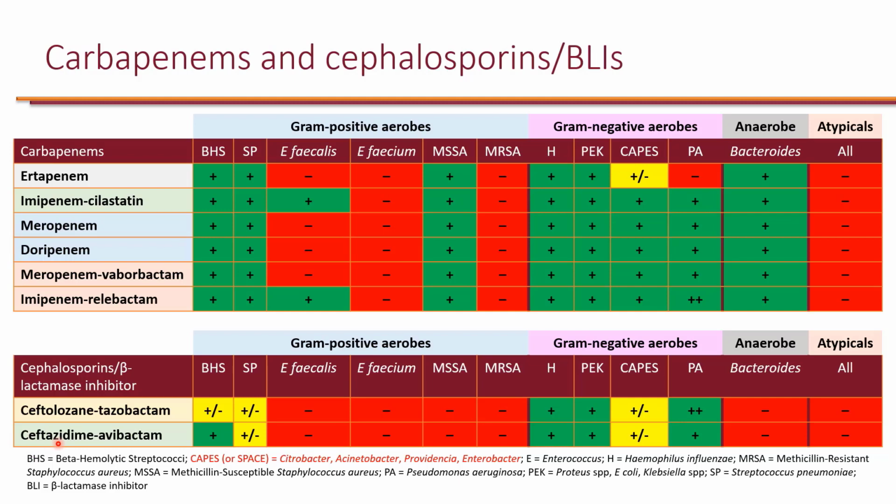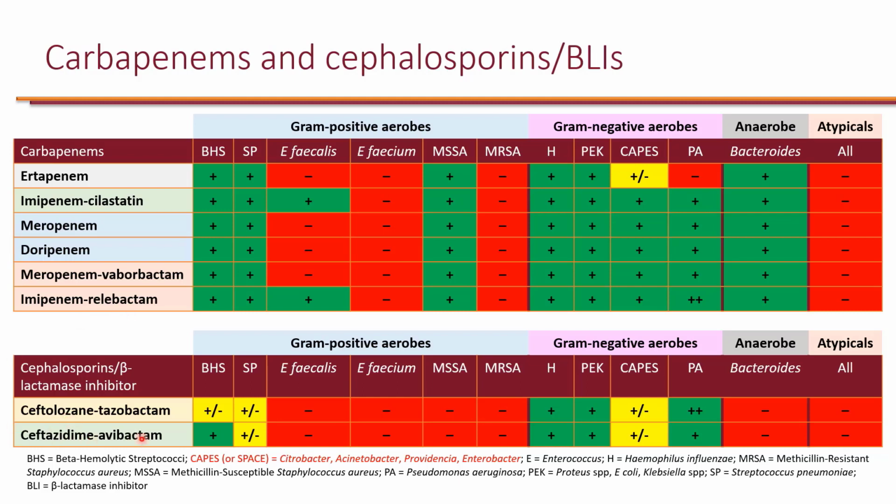And of course, ceftazidime alone was active against Pseudomonas, and in combination with avibactam, it really has become a potent agent against carbapenem-resistant Enterobacterales, so CRE. So some of those E. coli and Klebsiella that make carbapenemases, ceftazidime-avibactam could potentially be active against those. Ceftazidime-avibactam came to the market before we had meropenem-vaborbactam and imipenem-relebactam.